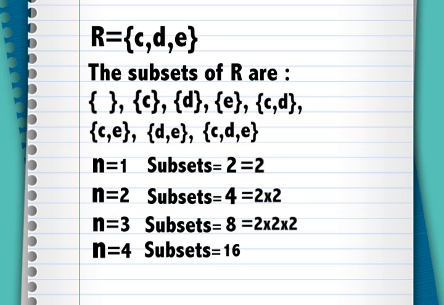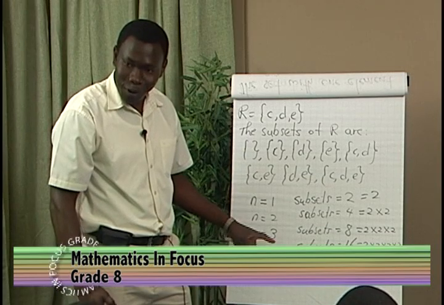And 16 is the same as 2 times 2 times 2 times 2. Now, how many 2's do we have here? 4. And how many elements in the set? 4. How many 2's do we have here? 3. How many elements in the set? 3. So we follow what's happening.